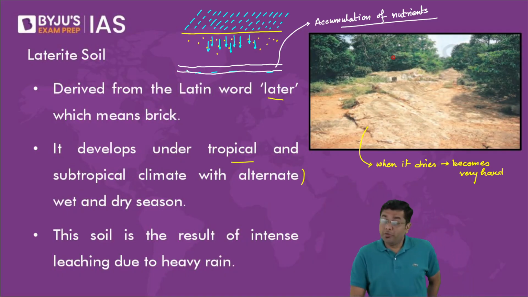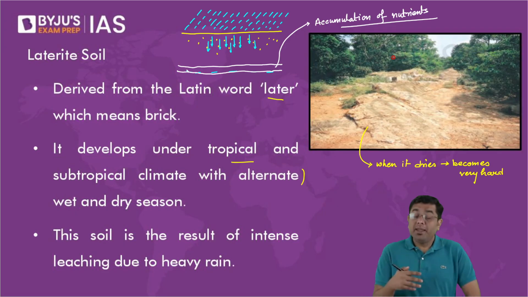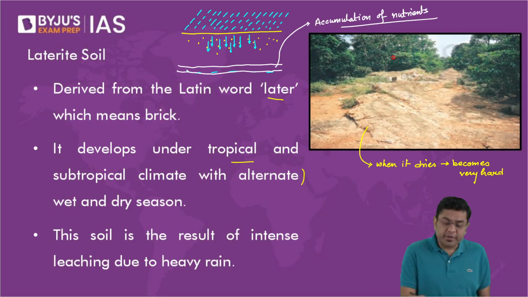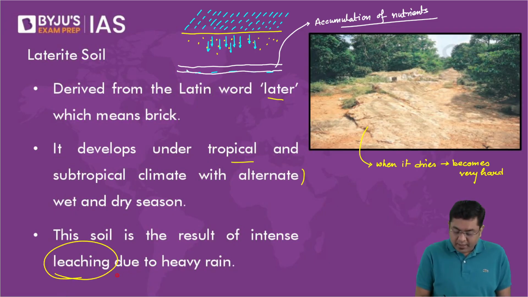So you will definitely observe the accumulation of nutrients. So the soil is drained out of nutrients. It moves down by a process which you refer to as leaching. This is the process which is referred to as leaching. Okay, the downward movement of nutrients along with water.